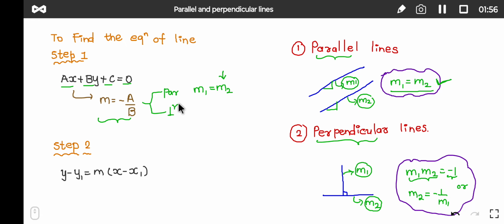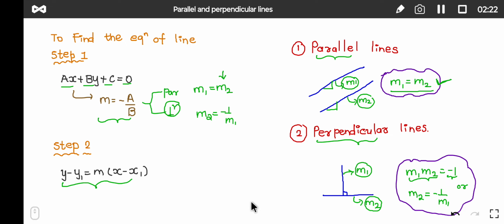If perpendicular, take the reciprocal of the first slope and change the sign. The second step is to apply the equation of a straight line, y minus y1 is equal to m times x minus x1. By using these two steps, we can find the equation of another line if one of the lines is given.